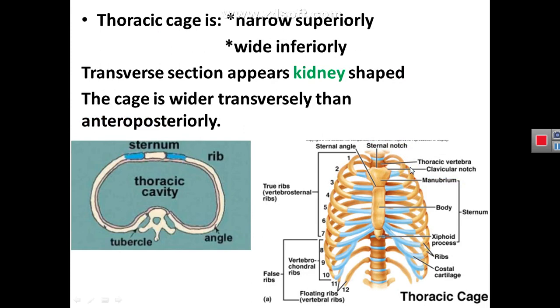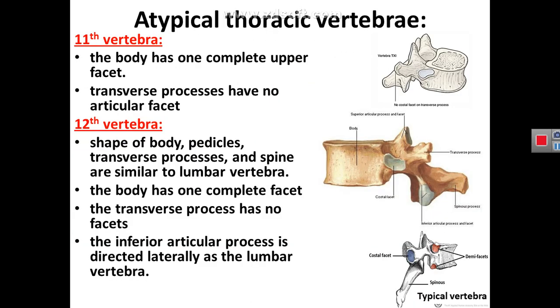Finally, T12. T12 could be very easily demonstrated as atypical, because most of its features simulate the lumbar vertebrae: the shape of the body, the pedicle direction, the transverse process. Just look at the spine. It is horizontal, quadrilateral, and short. But what differentiates T12 from lumbar vertebrae is that T12 shows a complete facet on the body.